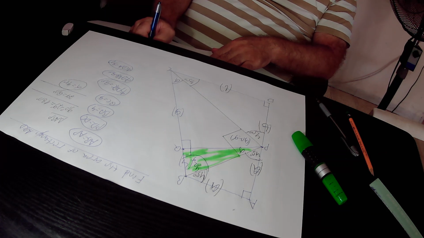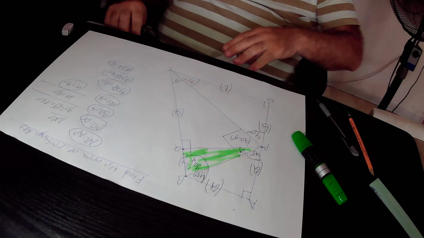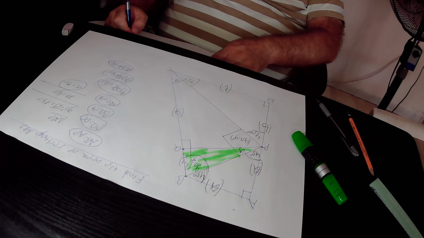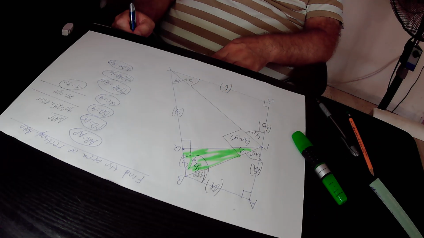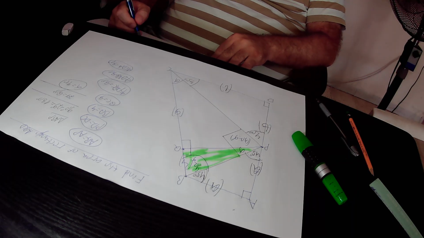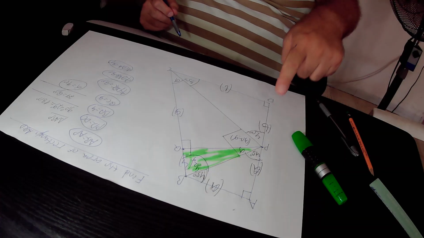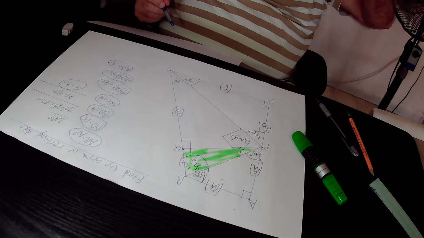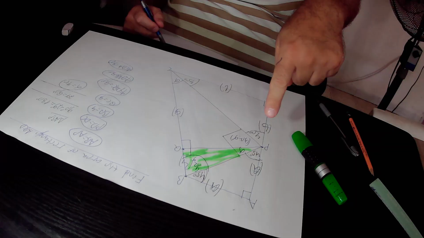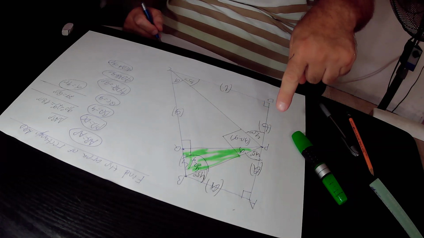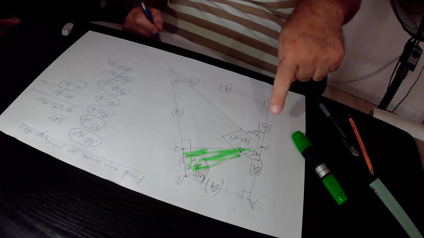And for the fact that those two right triangles are similar to each other, we will derive that the following relationship exists between their sides. But before that, it is very easy to see that PQ is a common side that belongs to both triangles. PQ belongs to the green triangle PQB, and PQ also belongs to the big right triangle PQC.